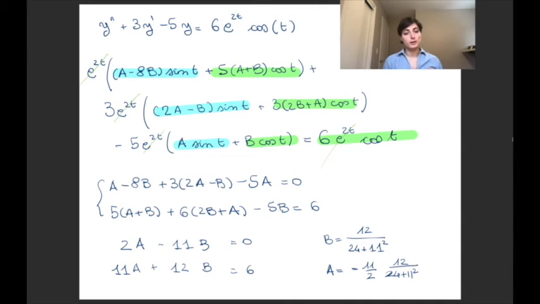And we have the other equation being 5a plus b plus 6 2b plus a minus 5b equal to 6. And we can solve for this, and we find a specific value for b, that is 12 divided 24 plus 11 to the square, and a specific value for a, that is minus 11 divided by 2 times b.